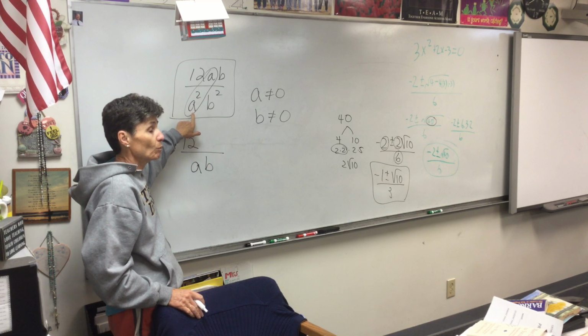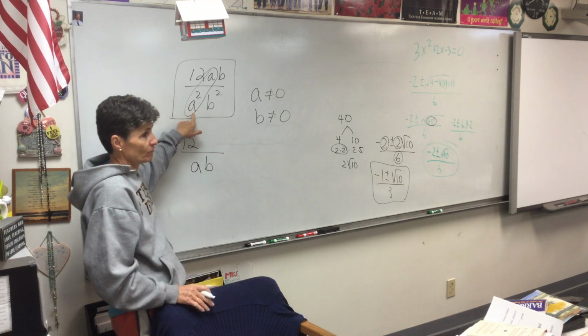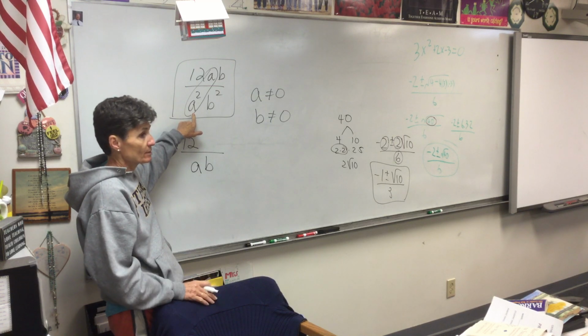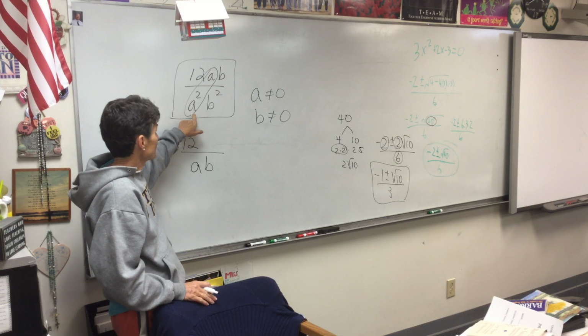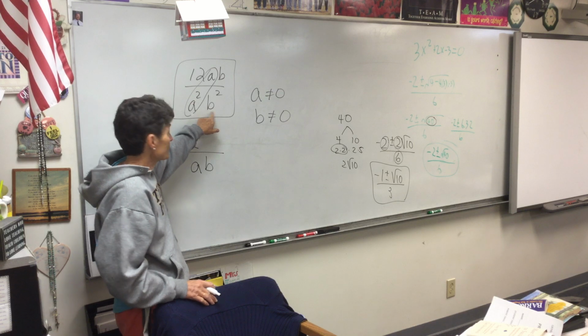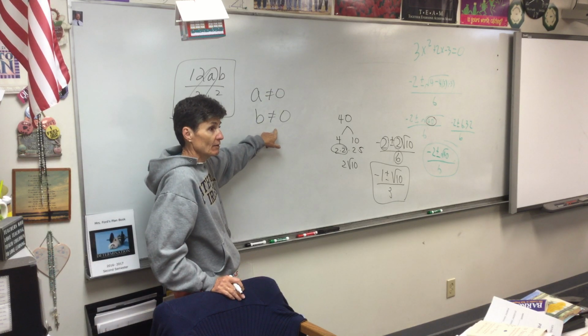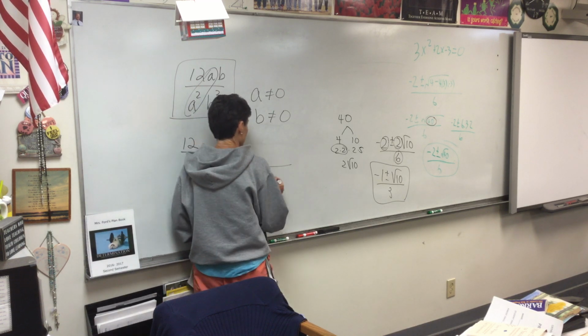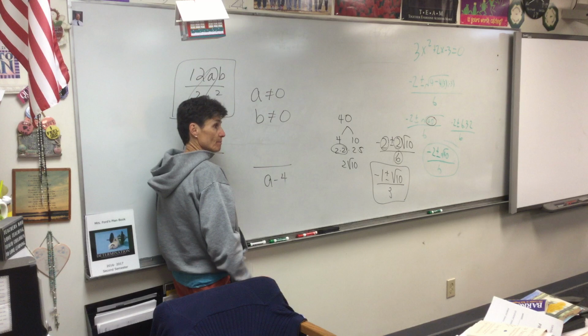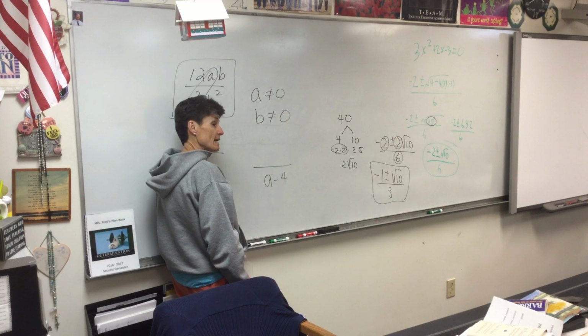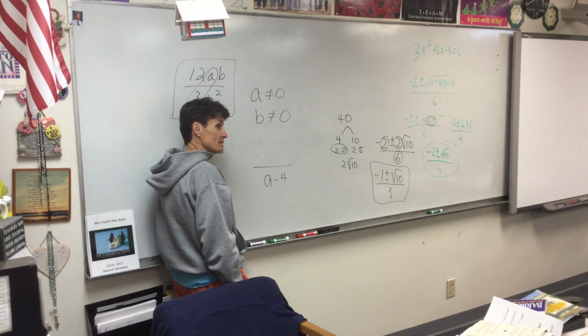It'd be 0. And what do we know about 0 in the bottom of a fraction? Not allowed. It's not okay. Same thing with B. So these are called the excluded values. A and B cannot be 0. If we had something in our denominator like this, then we would say A cannot be 4. You just don't want your denominator to be 0.